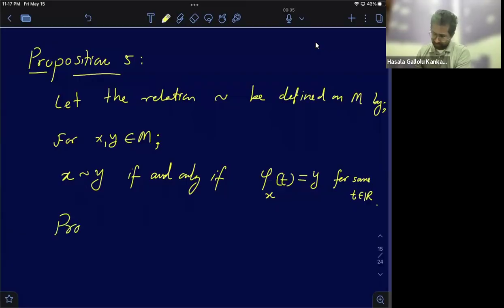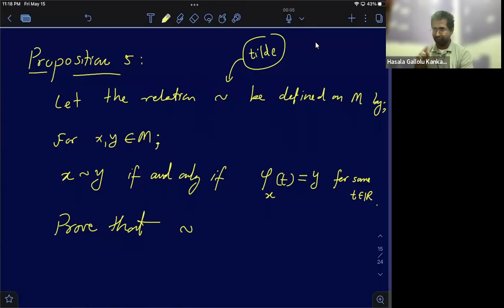So if you have this relation, which is called tilde, that's a symbol, or simply called X is related to Y, something like that, right?